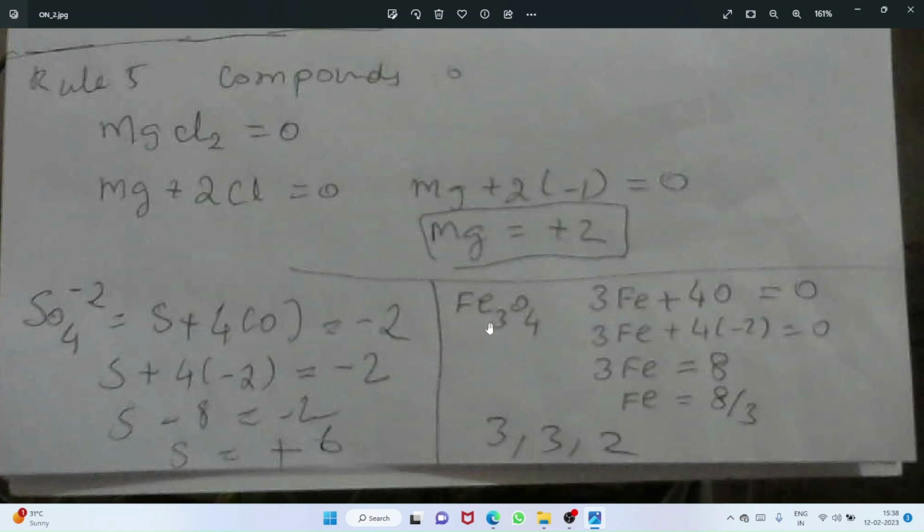In Fe3O4, 3Fe plus 4O equal to 0, and when you substitute, Fe will be 8 by 3. That means not all Fe atoms have the same oxidation number. So it can be 3, 3, 2. Okay.